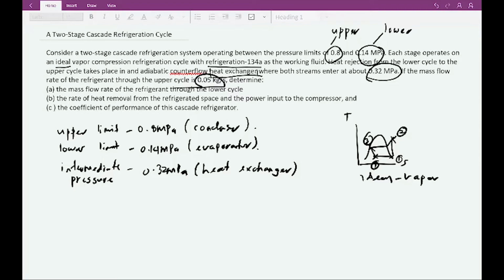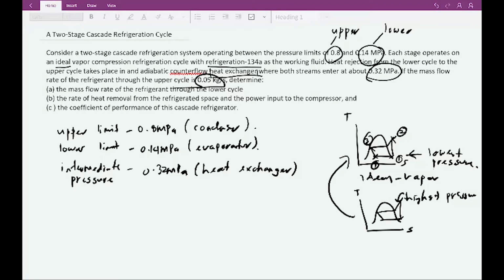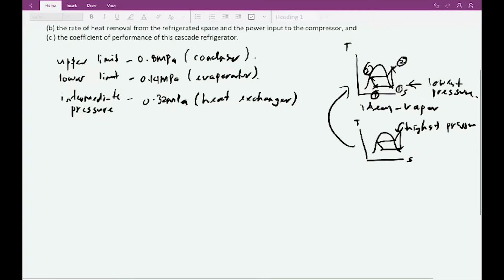This should be your lowest pressure, operated at the evaporator. Another T-s diagram is located at the condenser pressure. To combine them, we put this into this, and we call this a cascade.